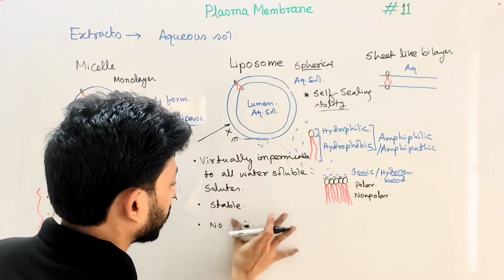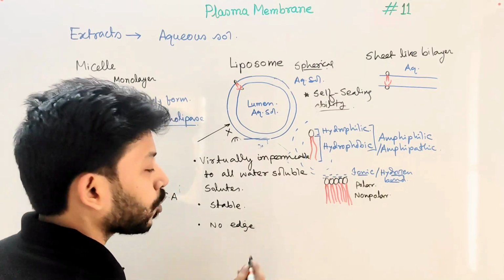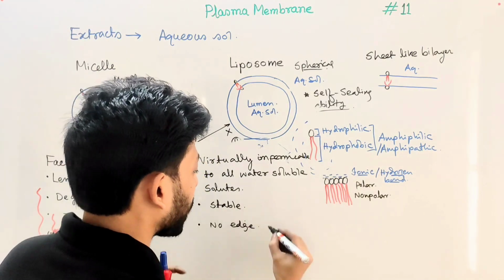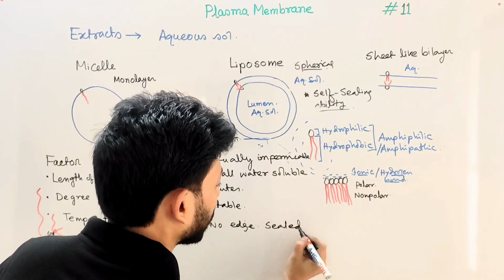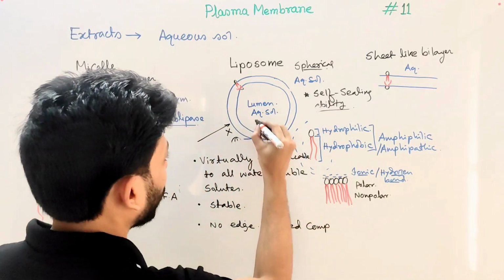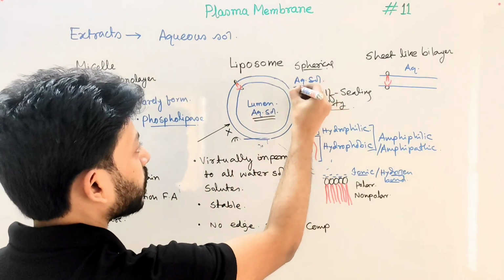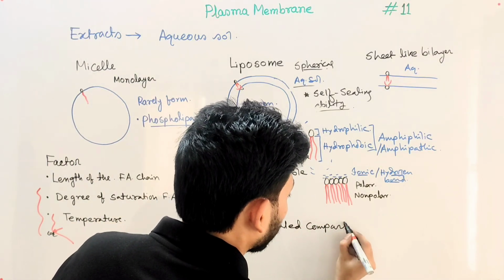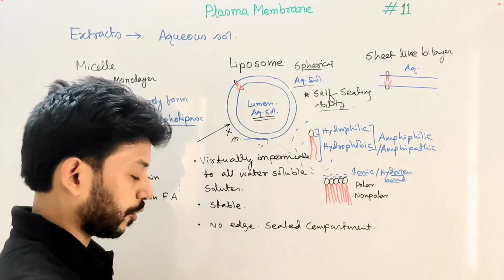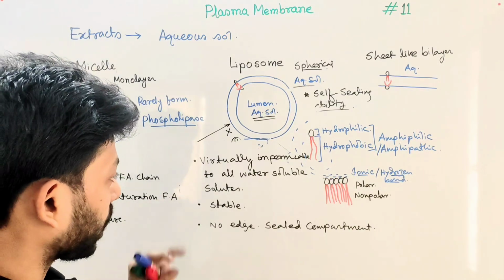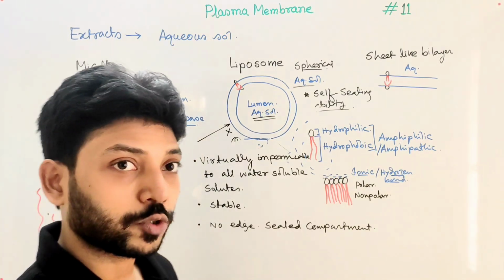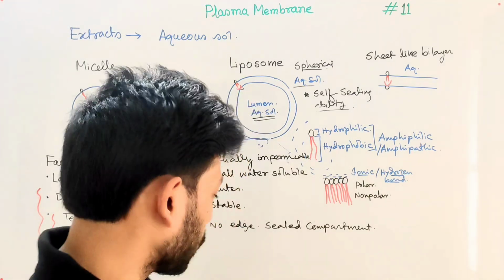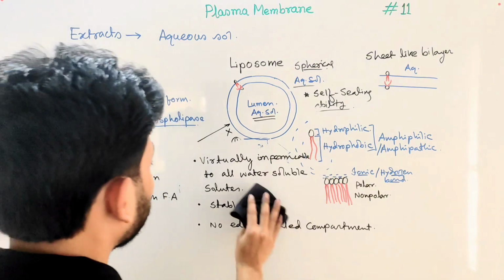They will not tolerate an edge, so no membrane can have an edge, because they will always make sealed compartments. So there could be aqueous solution inside and outside, but they will seal it. It makes a sealed compartment, and that is fundamental to the creation of the cell. So this is very important. Now I will talk about the usefulness of liposomes in the research field. So let me remove these writings also.